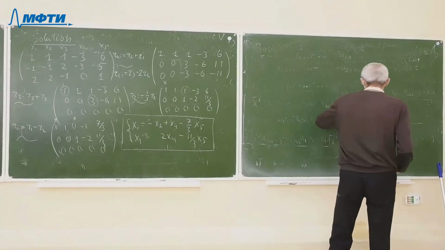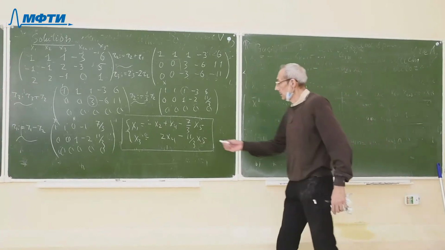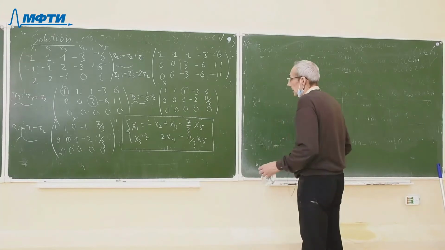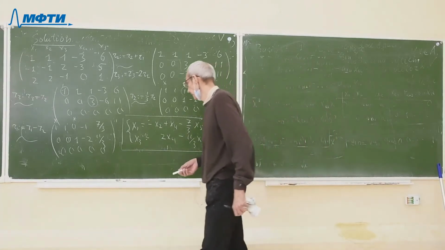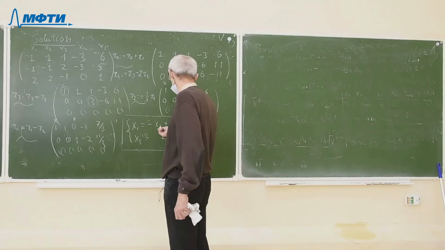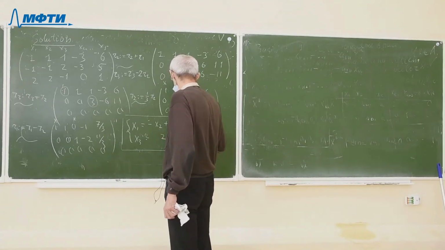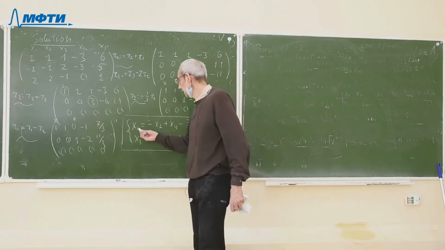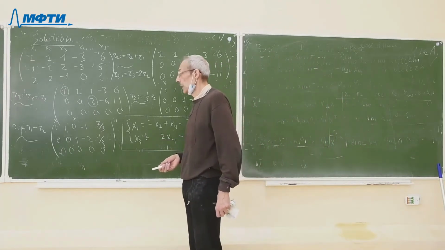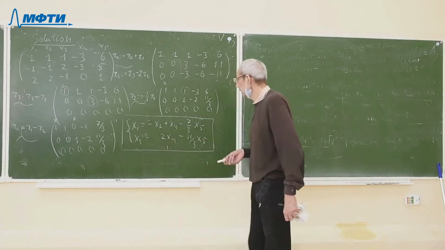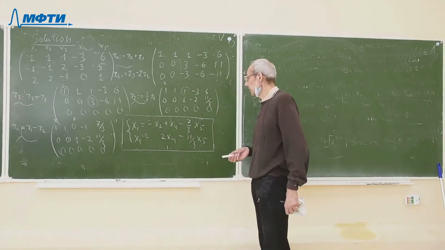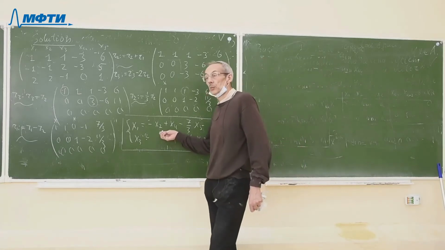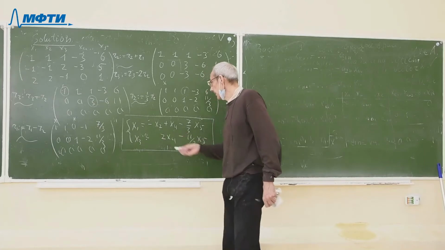The arbitrary solution has the following form. I have x2, x4, and x5, three independent variables, and two, x1 and x3, dependent. I can put the values of the independent variables equal to arbitrary real numbers.